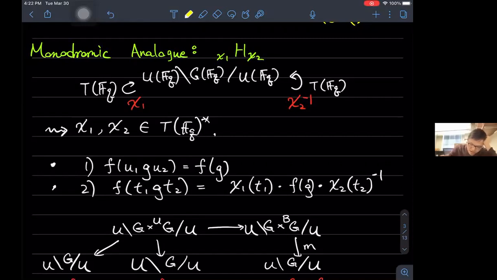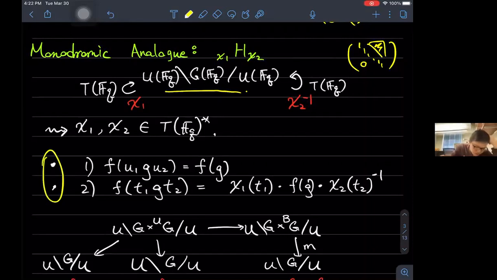So this time, I consider U\G/U, where U is the upper unipotent radical of B. In the GL_n case, it's just strictly upper triangular matrices. Now I put two conditions on these functions: if I left or right multiply by an element in U(F_q), you still get the same value.